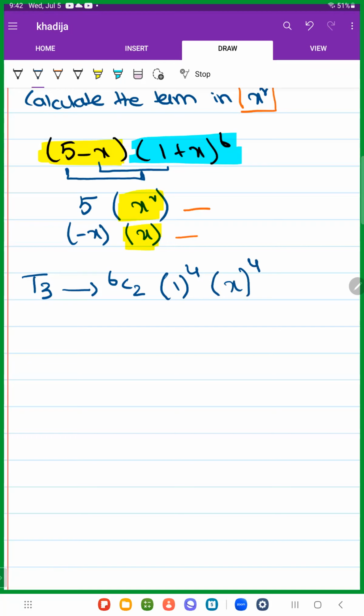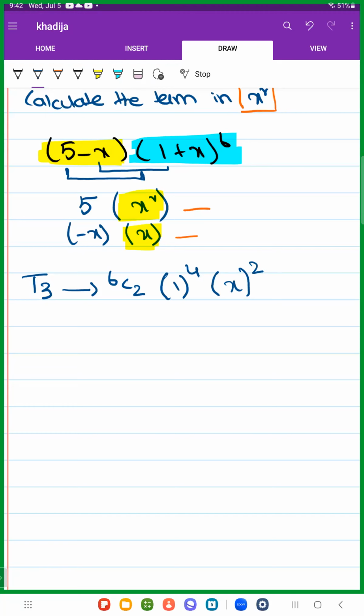So why did you take t3? Because I need to find the term for x squared, and because you need x squared, your r is 2.